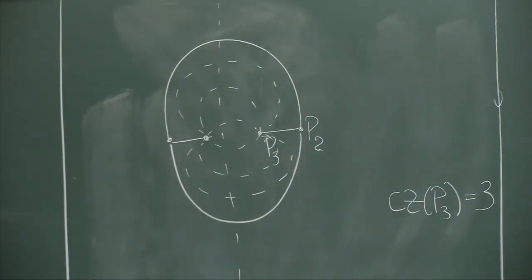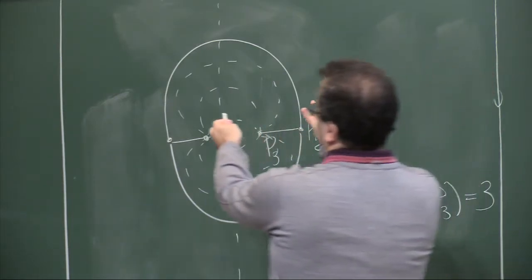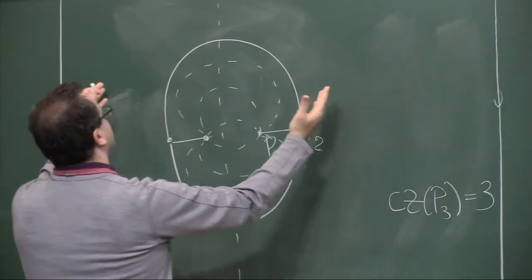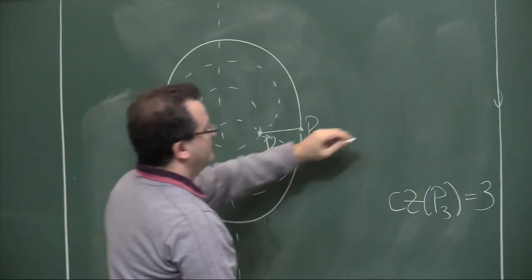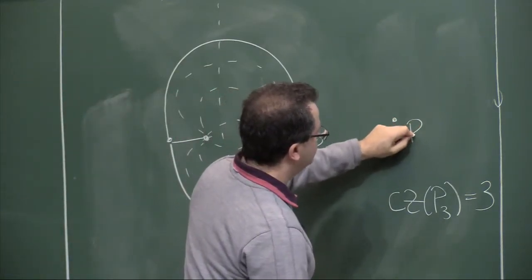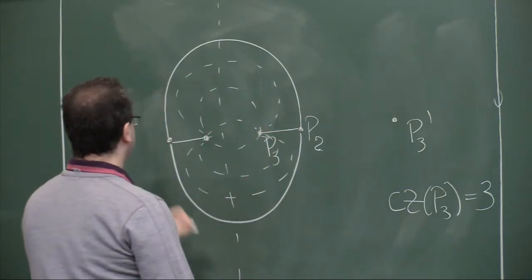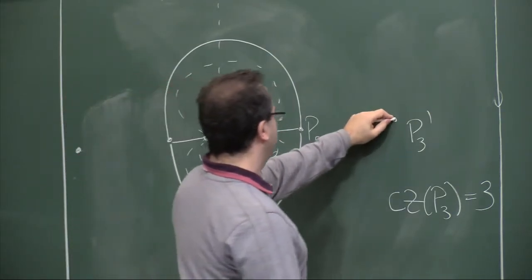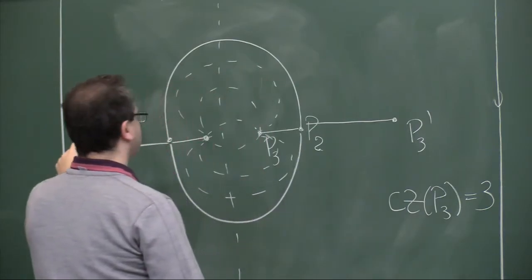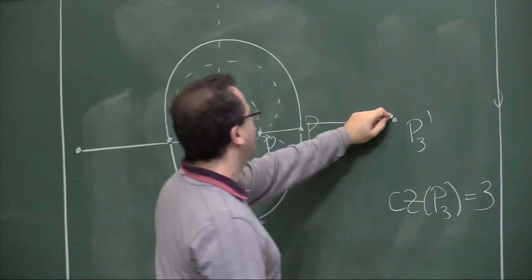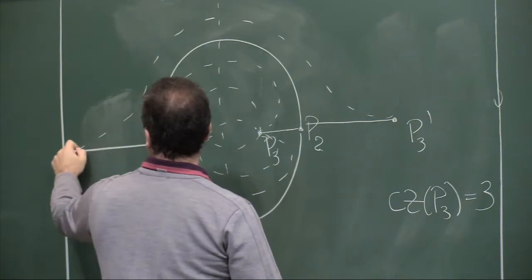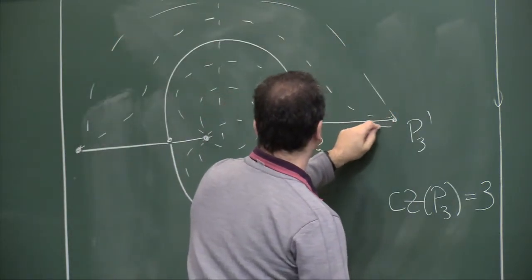So on the other side of this 3-ball, so here is another 3-ball, we would find this other periodic orbit P3 prime here, with a cylinder connecting to P2, and this family of planes foliating the rest.